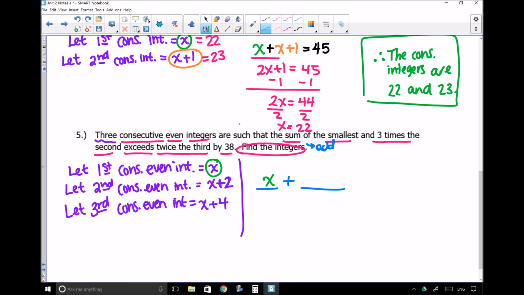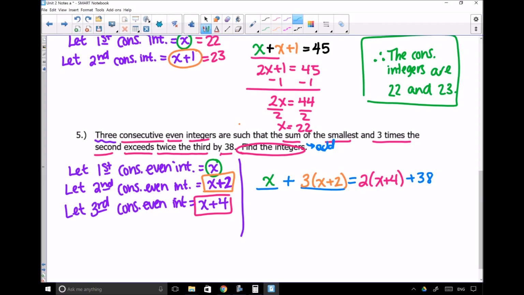And 3 times the second, so here's my second one, but it says 3 times it, and I need brackets to show it's 3 times the whole thing. Exceeds means is more than, so I need to put an equal sign, is more than twice the third. So how do I write twice the third? 2 times x plus 4, okay? But it's exceeded by 38, so that means that I'm going to have to add 38.